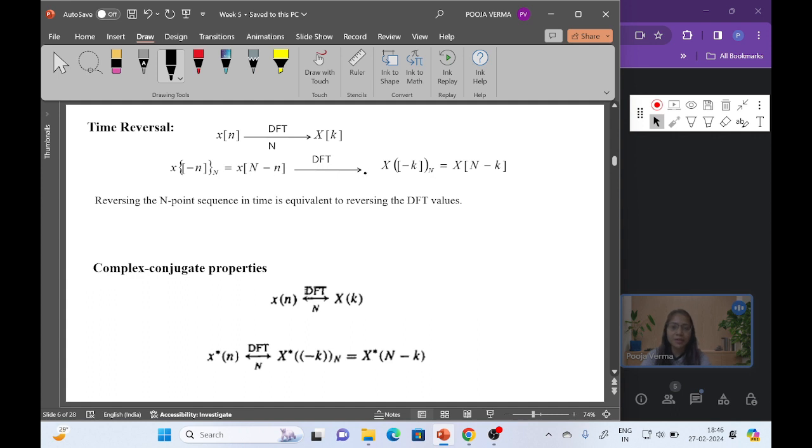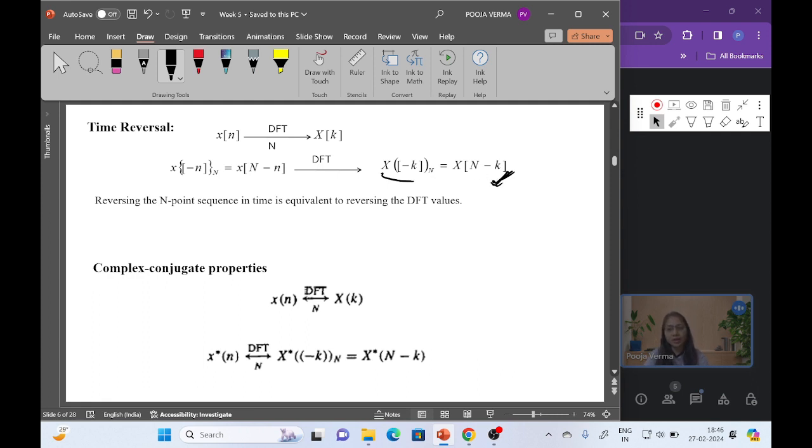And what will be the DFT? Similarly, the DFT of this sequence is X of minus k, that is X of N minus k. If you apply N-point time reversal, similarly it will reverse in the frequency domain also.